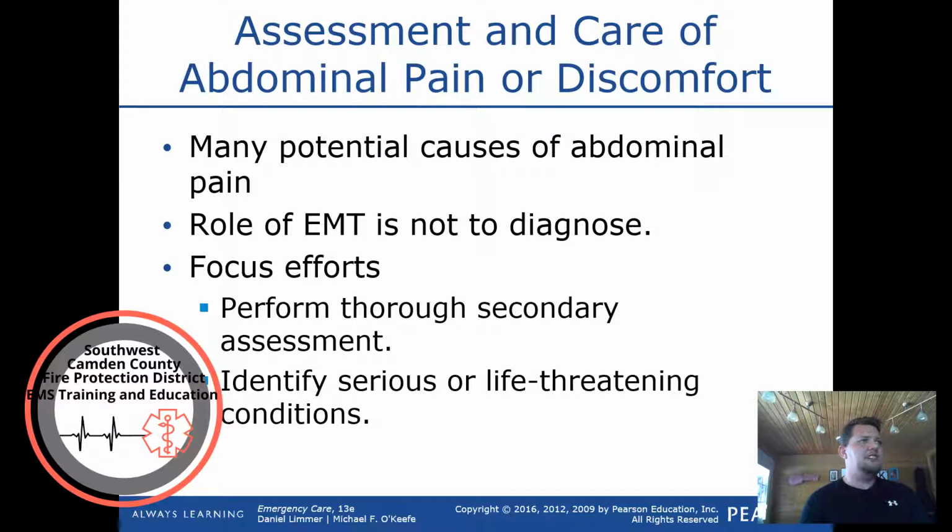Those questions are always good to find out. Then you can pretty much narrow down what may be the cause of the problem and treat. But again, most of your treatment is the same, barring any kind of serious or life-threatening conditions.